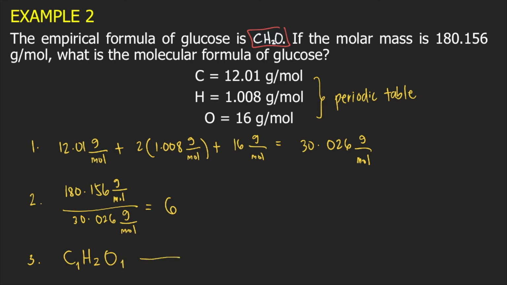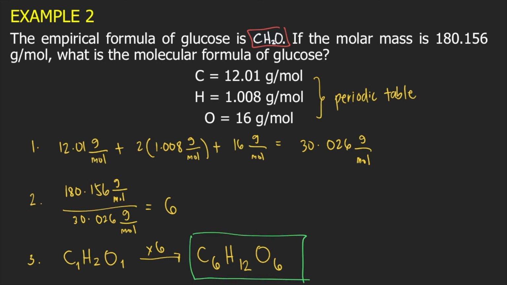So if you multiply the subscripts by 6, C1 becomes C6, H2 becomes H12, and O1 becomes O6. So the molecular formula of glucose is C6H12O6, and this is the answer to the question.